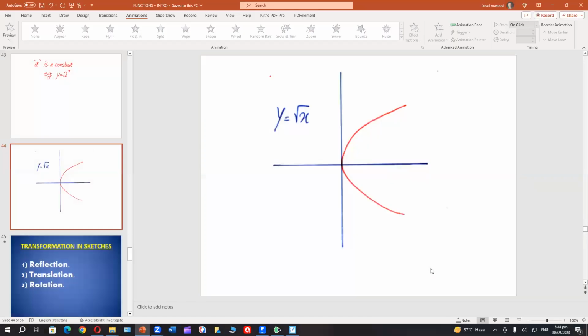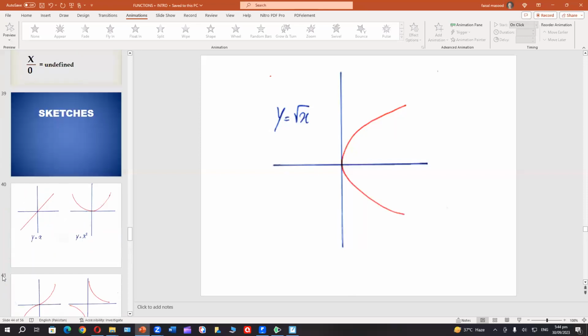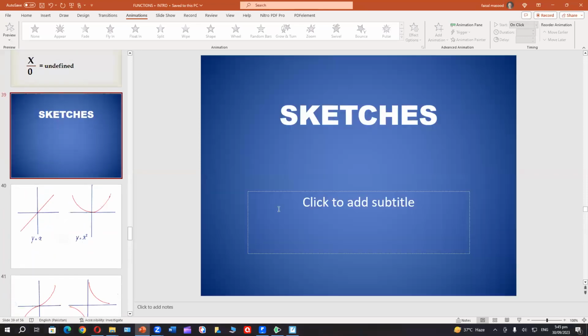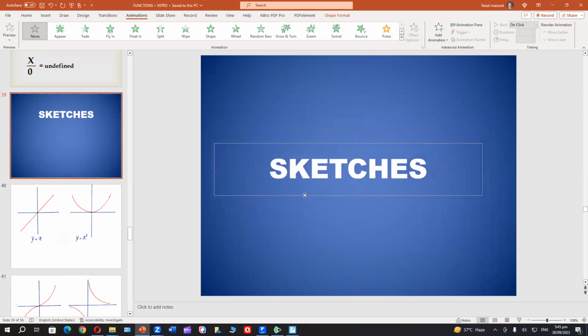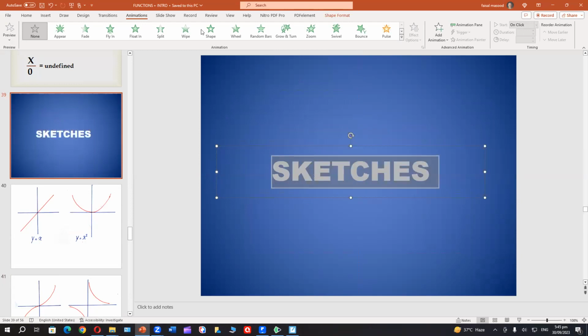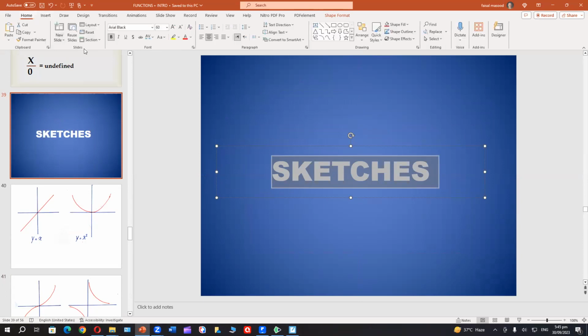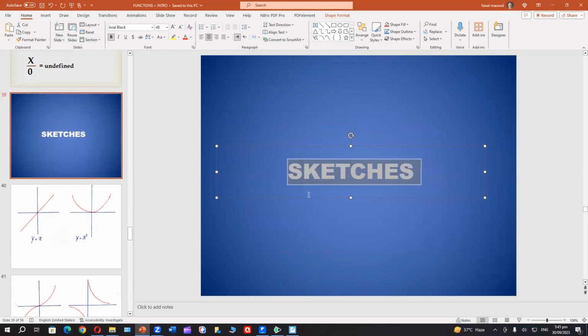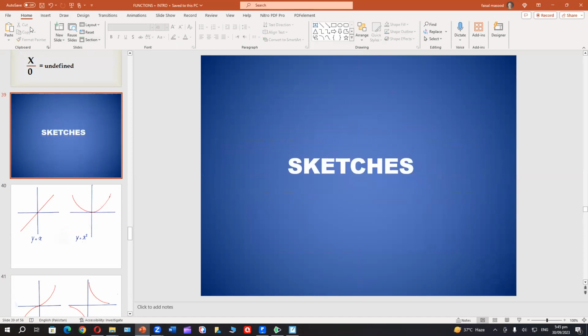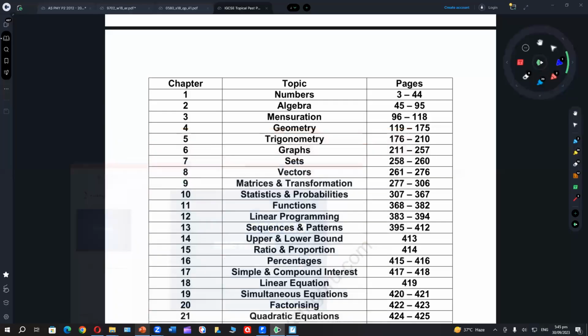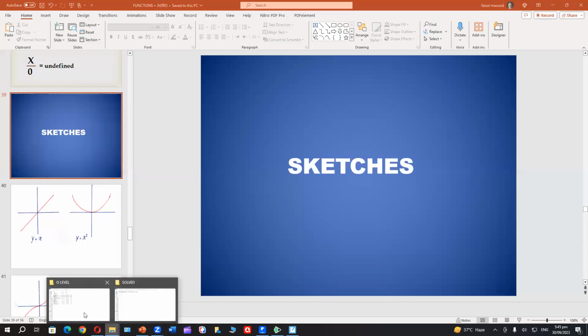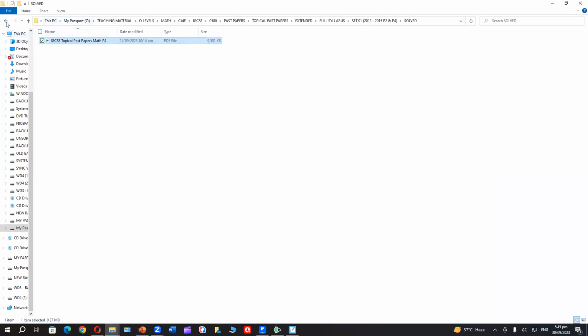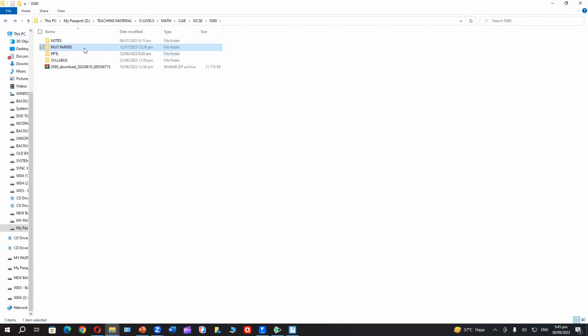So we have done that. Now you have to look for the topic function and inverse in your paper 4 book. Yes, do we have function then?